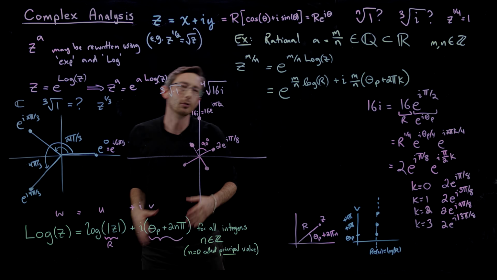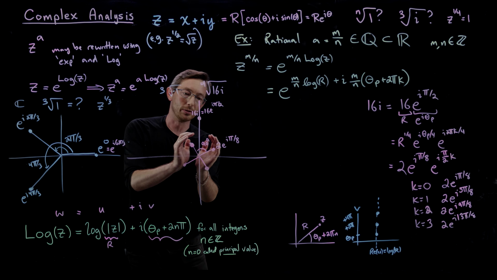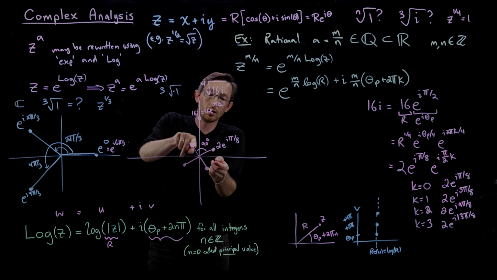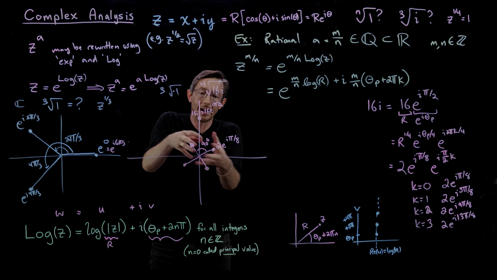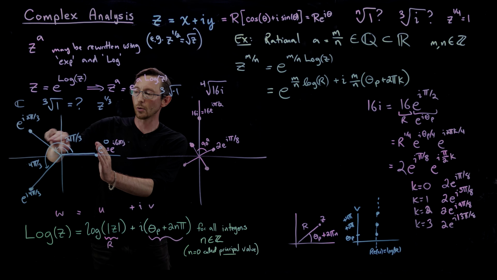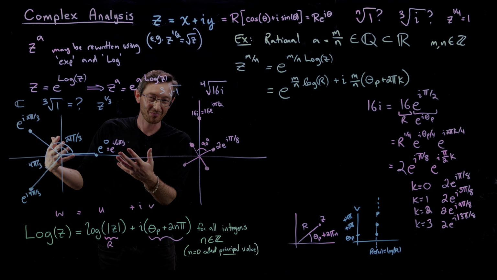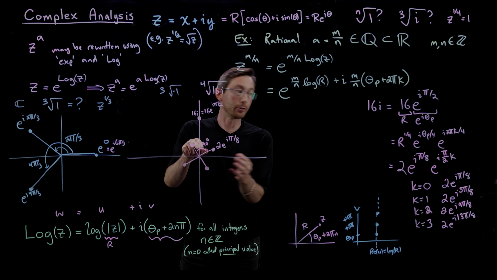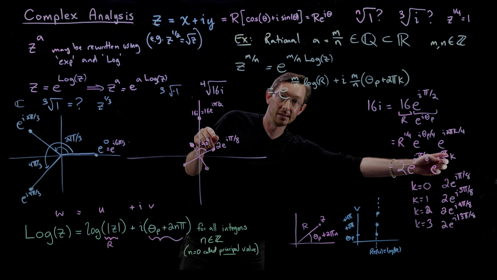And what's really cool is that all of these nth roots of any number form this star pattern where they're all equidistant from each other, dividing 360 degrees. So these were each 120 degrees separate, or 2 pi thirds separate. Each of these are 90 degrees, or pi halves separate.